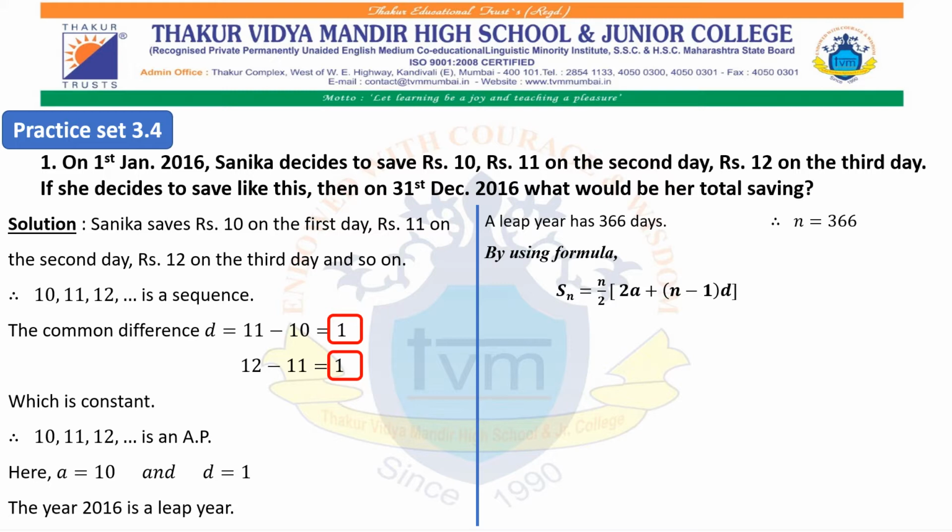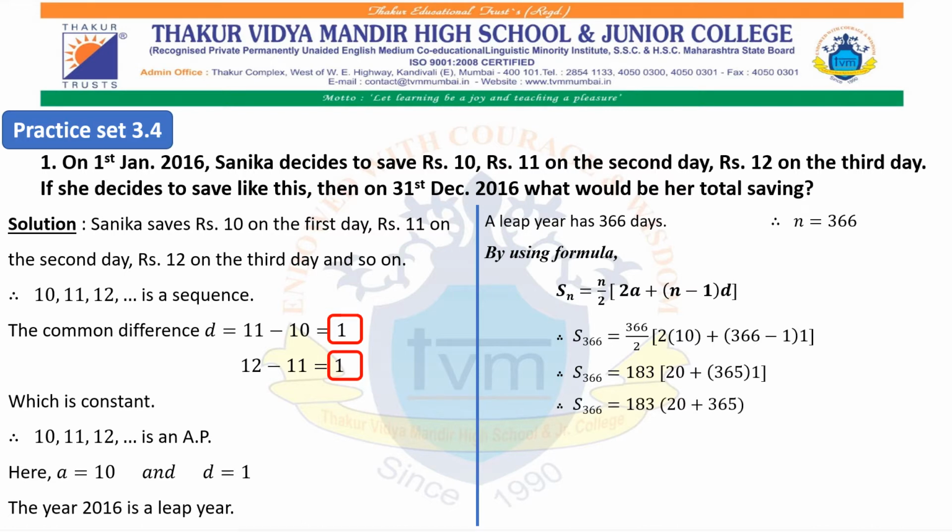S366. The formula for Sn is Sn equals n upon 2 into 2a plus n minus 1 into d. After substituting the values, we get S366 equals 366 upon 2 into 2 into 10 plus 366 minus 1 into 1. After dividing 366 by 2 and solving inside the bracket, we get 183 into 20 plus 365 into 1.